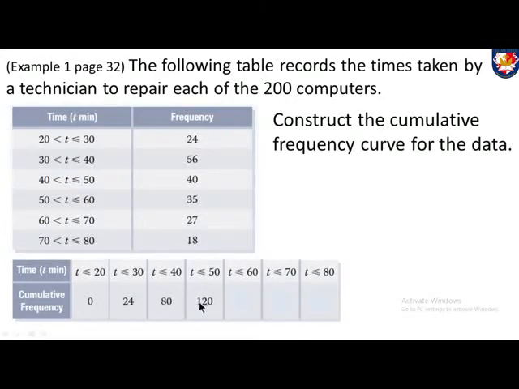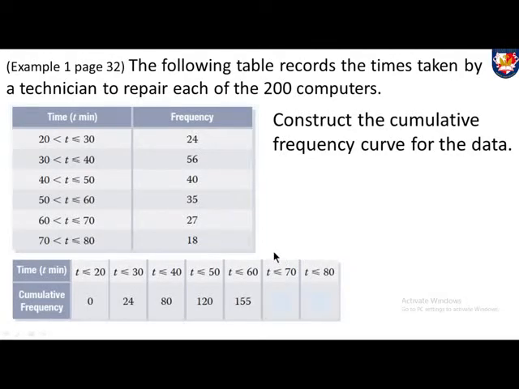You write 120 here. For T less than 60, we need to add these four rows: 24 plus 56 plus 40 plus 35 equal to 155. You write 155 here.